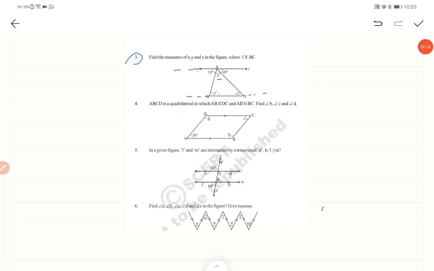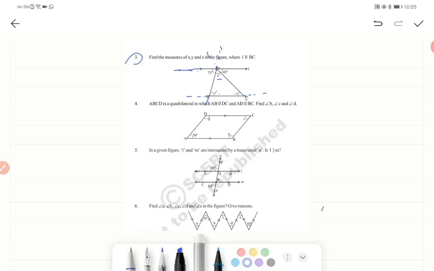If these two are parallel lines, we can take two transversals: one transversal is cutting at A and B, and the other transversal is cutting at A and C.